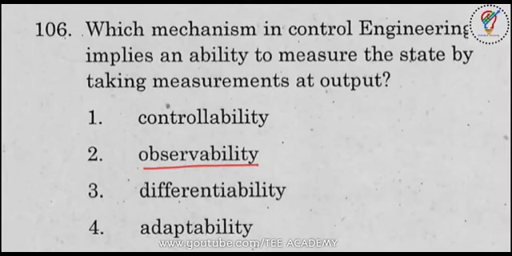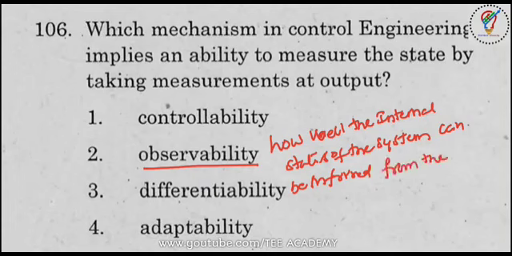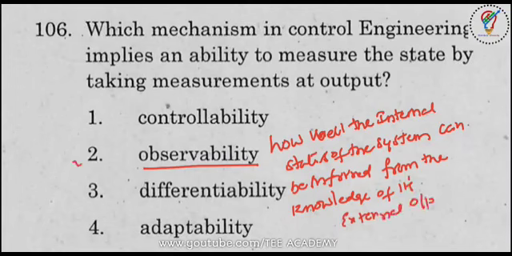By definition, observability is a measure of how well the internal states of a system can be inferred from the knowledge of its external output. So the answer is observability.